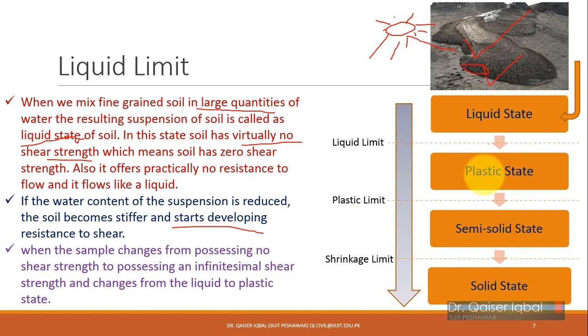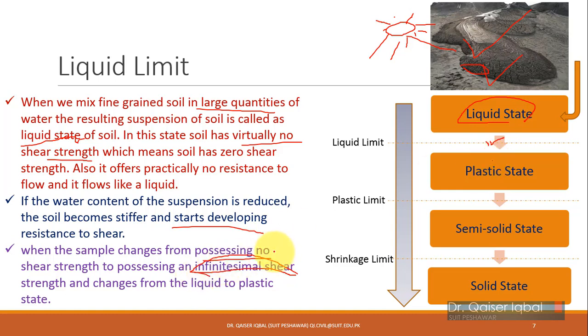So if the soil possesses no shear strength to a point where it starts producing infinitesimal, very small amount of shear, that point will be known as the liquid limit, where the liquid state has ended and the soil has started to develop the plastic behavior.